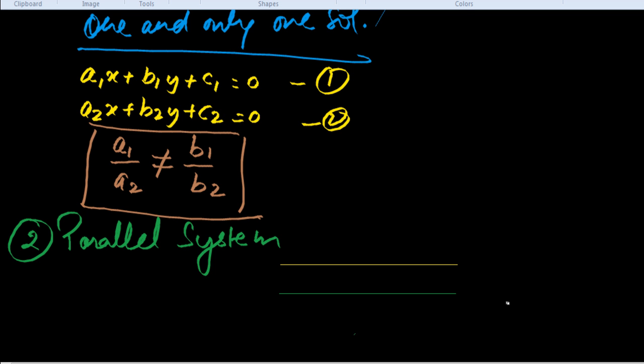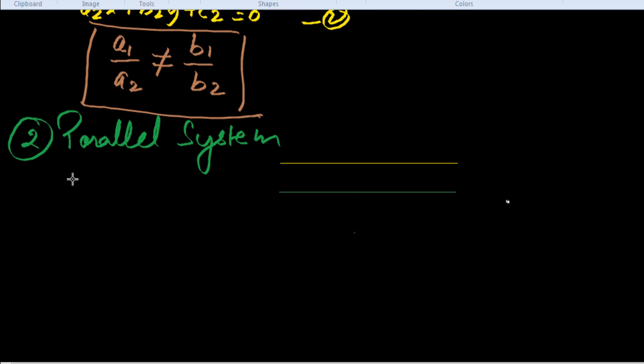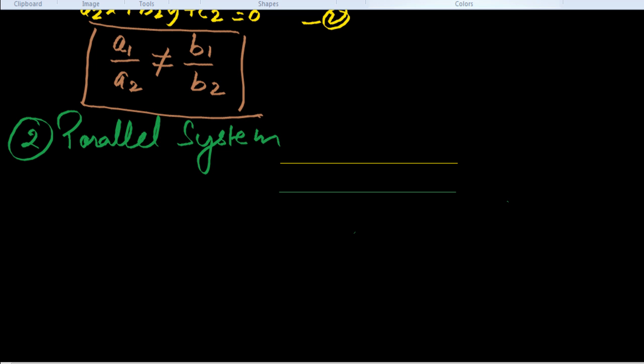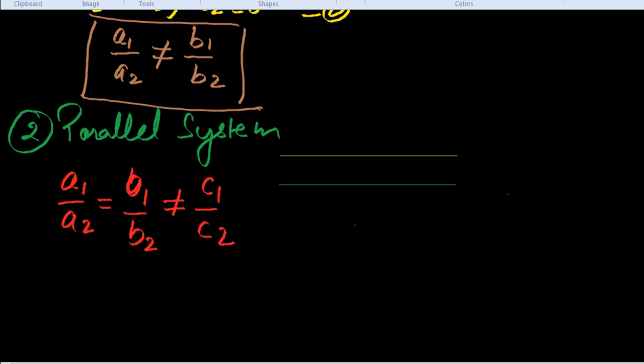If the ratio of the coefficients of x is equal to the ratio of the coefficients of y but not equal to the ratio of the constant terms, it represents the parallel system. There is no unique point on the lines which satisfies both equations. There is no point at all.